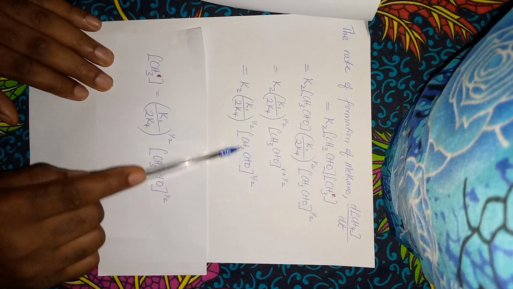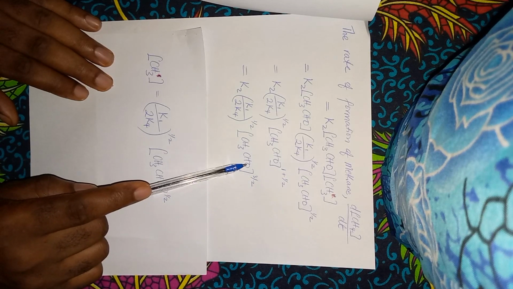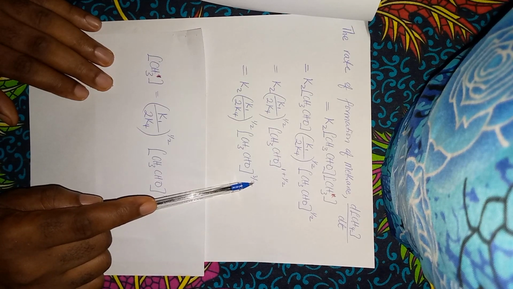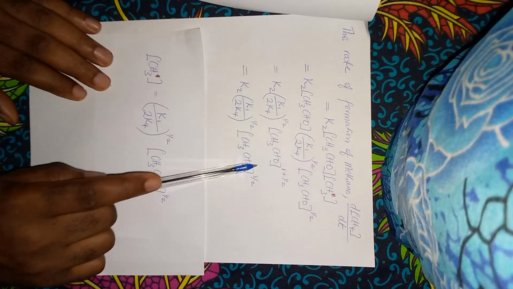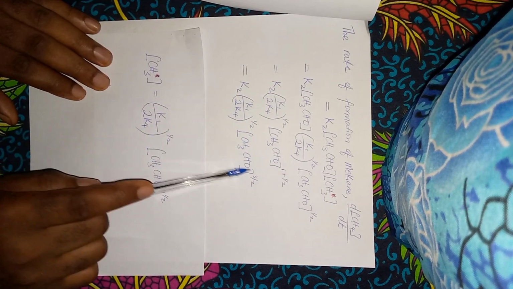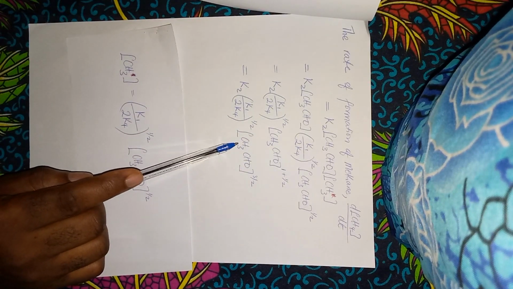On doing that, we come to this point where we have CH3CHO raised to the power of 3 over 2. This is the rate of formation of methane.